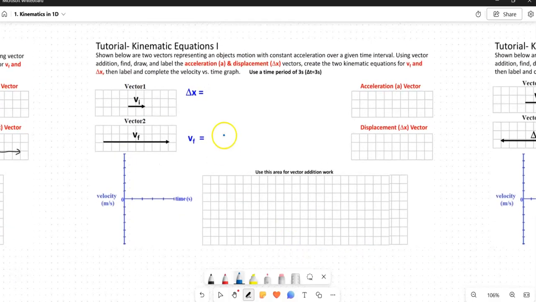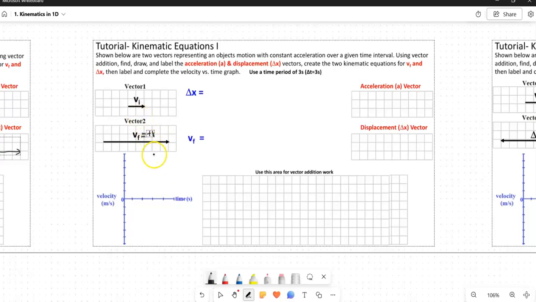So here you're given an initial velocity vector, which is 2, and you're given a final velocity vector, which is 1, 2, 3, 4, 5, 6, 7, 8. So just count again. So it's 1, 2, 3, 4, 5, 6, 7, 8. Okay. So we're going to call this +8.